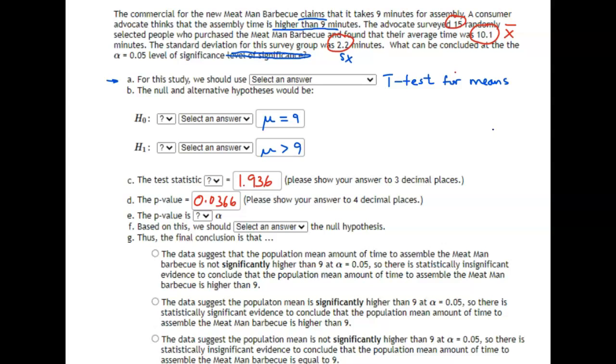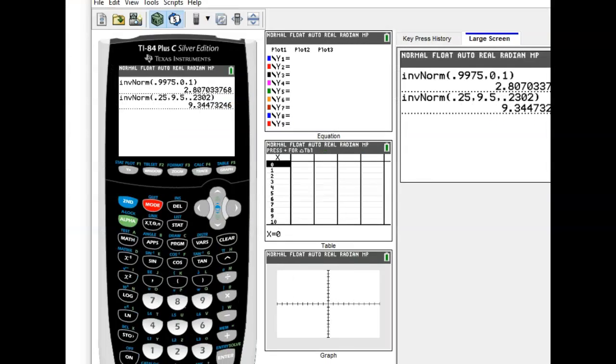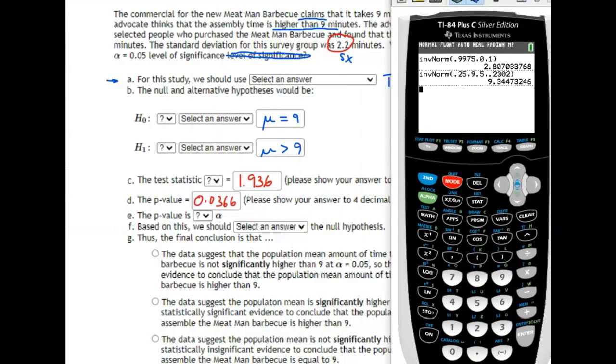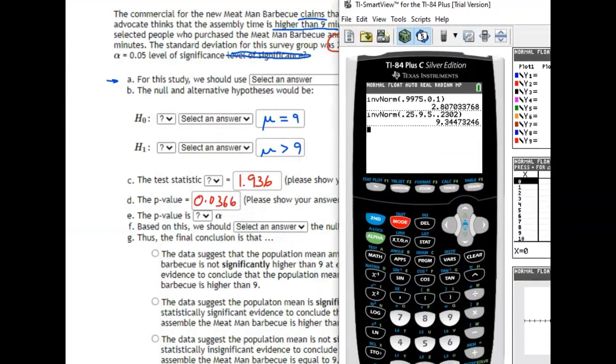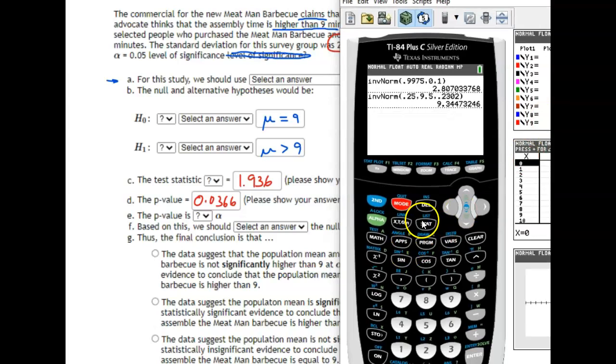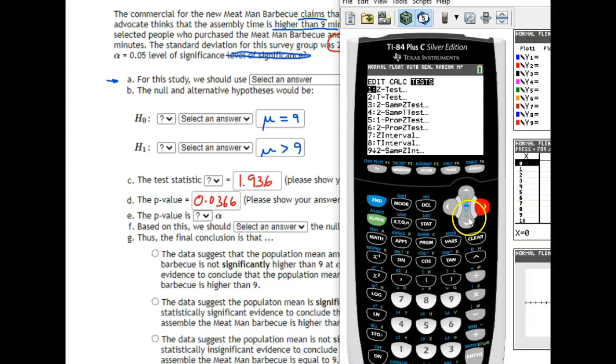Now comes the interpretation, but before that, let me show you how to do this on the calculator. On the calculator, you go to Stat, Tests, and you hit the t-test. We have the stats.